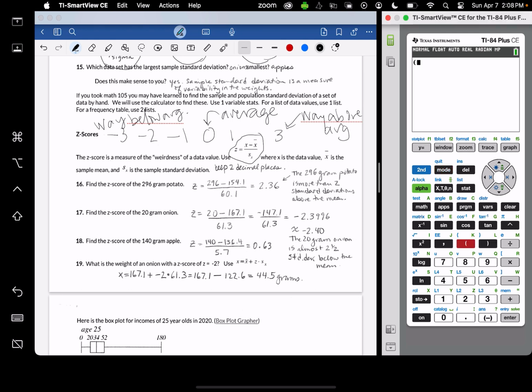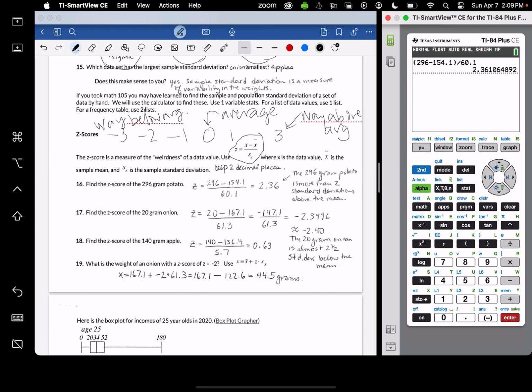I need to take 296 minus the mean potato weight, which was 154.1. And notice I'm doing that subtraction in parentheses so that I divide that entire answer by 60.1. And I get 2.36.